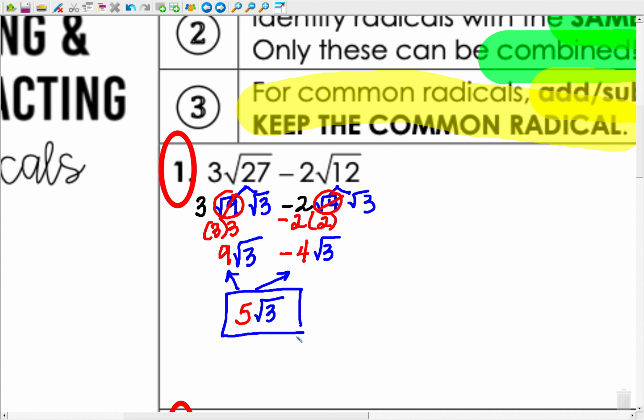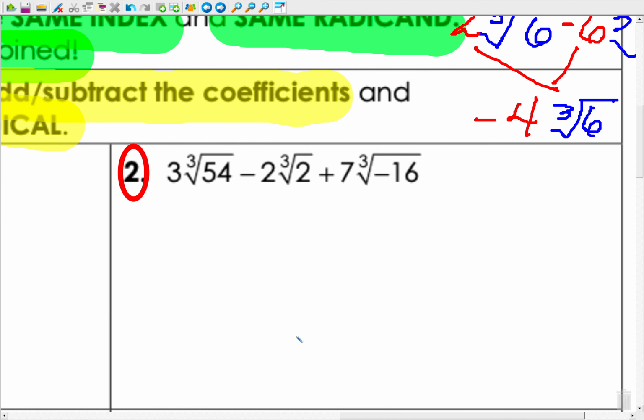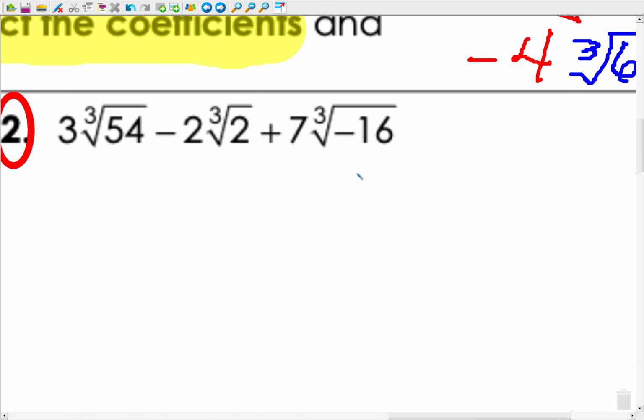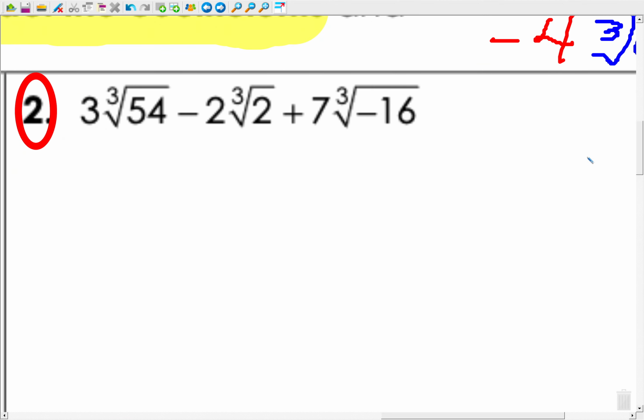Number 2. Alright, this time I've got a little bit more simplifying to do. You're going to want to look at your cube roots at this time because my index is 3, so that means I'm going to be trying to find the break apart for perfect cubes. First, I see that there is a 3 already sitting here minding its business. I'm going to bring it down.